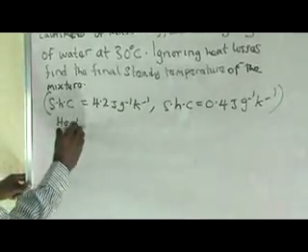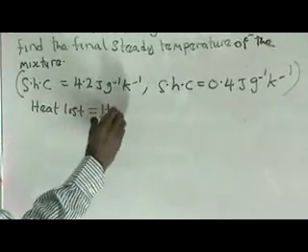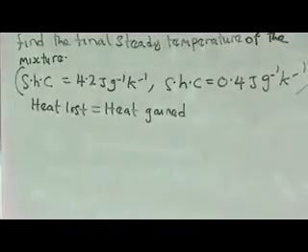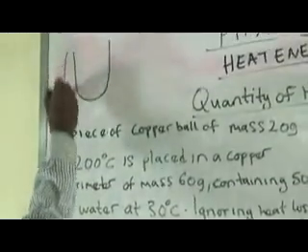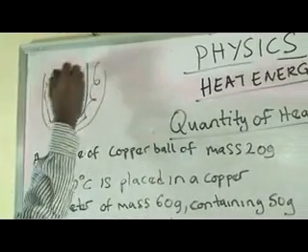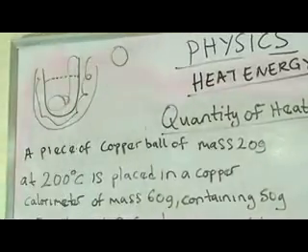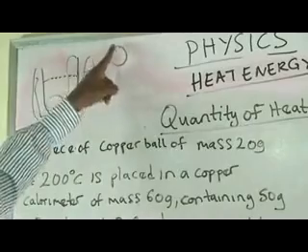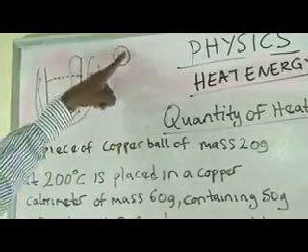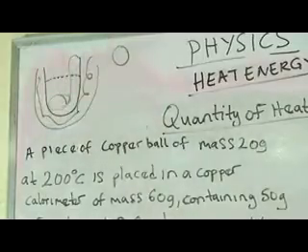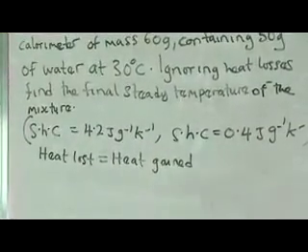We have heat lost equal to heat gained. What is losing heat? Let's come back to the principle I explained. You have a calorimeter which is lagged, a stirrer, and a solid, and the calorimeter has a liquid. When the hot solid is heated and dropped here, this solid is going to lose heat, while the calorimeter and the liquid are going to gain heat. That's why we have heat lost equal to heat gained. So we start listing the parameters.